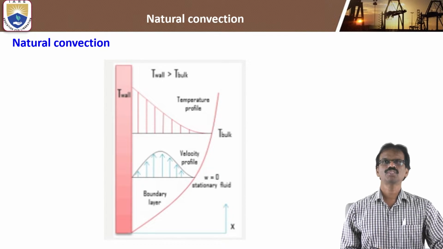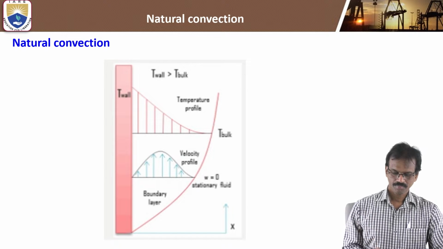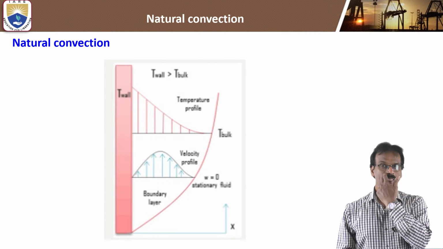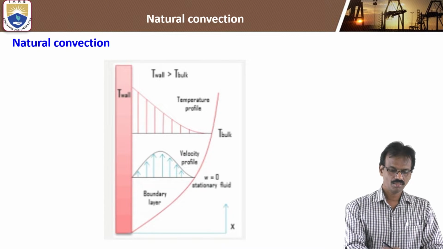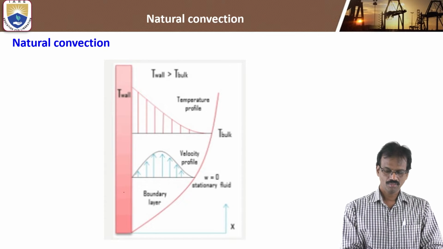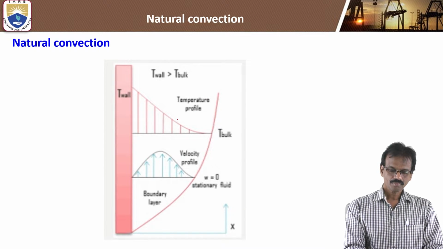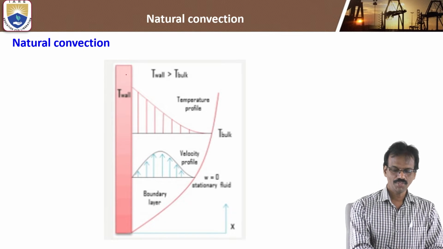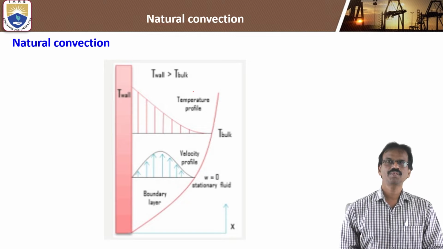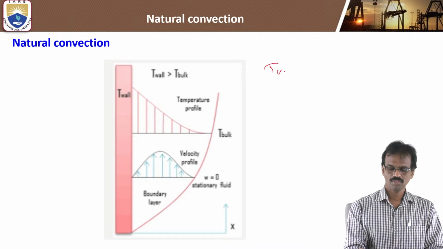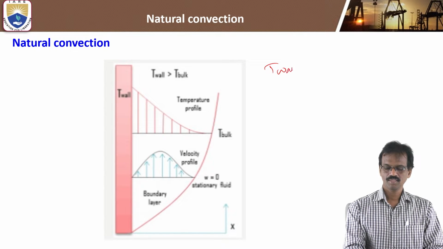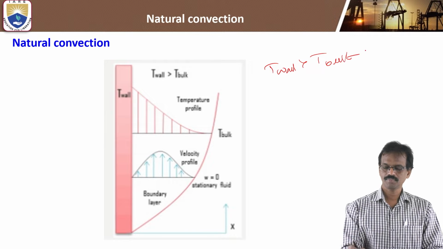Before that, we will see the boundary layer in natural convection. This is the solid plate, and this is the fluid. Heat transfer takes place from the solid to the surrounding fluid, because the wall temperature is greater than the bulk temperature of the fluid.